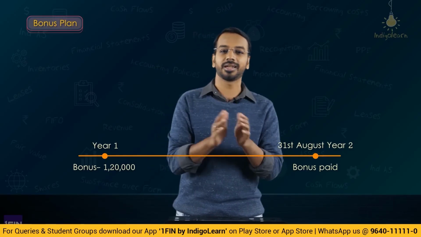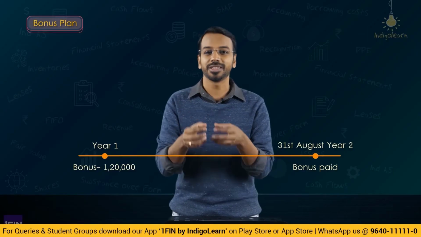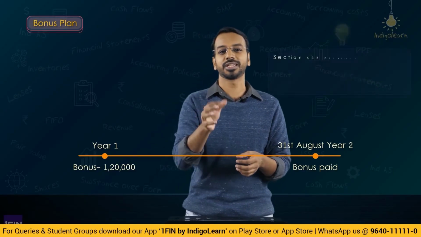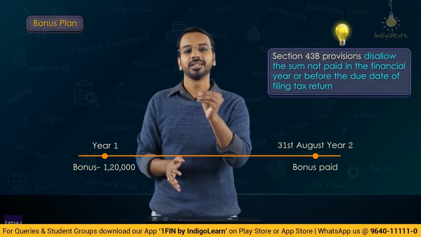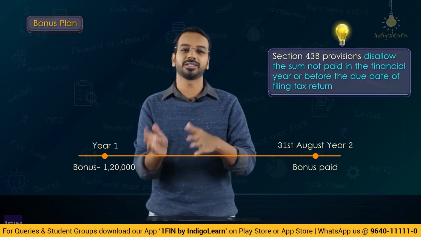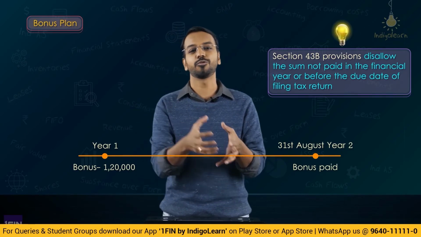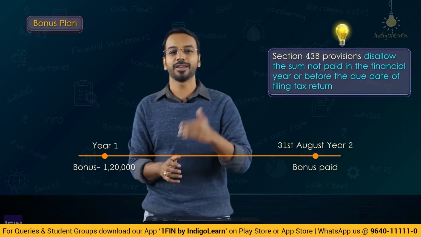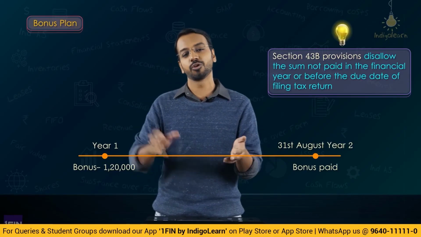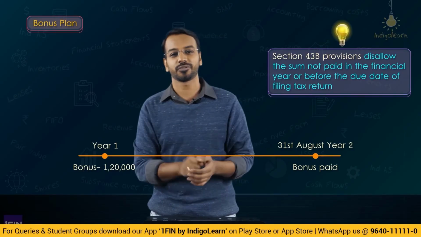Generally, it is paid in the next year, that is year 2, and generally because the entity wants to take benefit in the income tax, and if you remember the provisions of section 43B, you would know that this bonus are generally paid before the due date of filing return, okay. In some cases, they may pay after also, but generally to get that income tax deduction benefit, they would pay within 6 months period. They can pay later also, there is no harm in that. So, year 1 bonus is paid, let us say, on 31st of August of year 2.